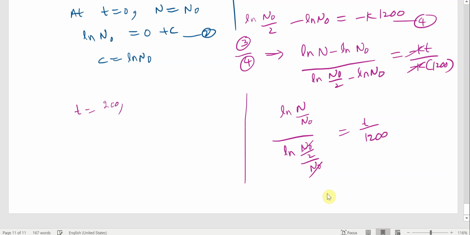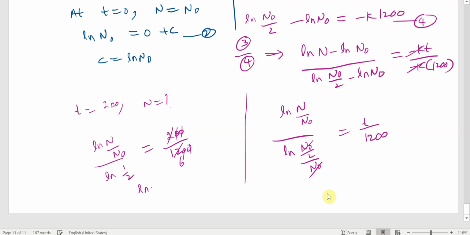Let us write these two in the expression here. 200 divided by 1200, 0 cancel, 1 over 6.